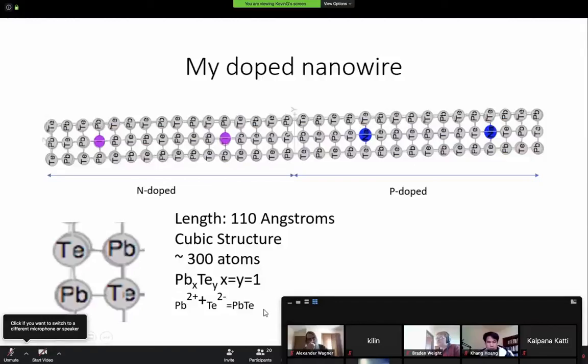The important thing to note is that sodium replaces lead because they both have extra electrons in their outer shell, and these iodine dopants replace the telluride because they both need electrons to complete their outer shell. So that's a quick recap of the structure of my nanowire.